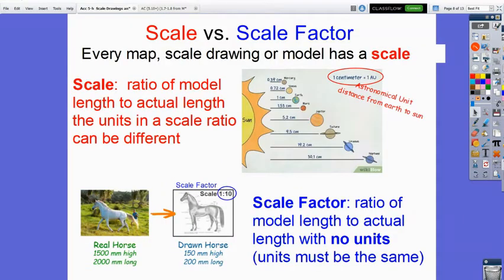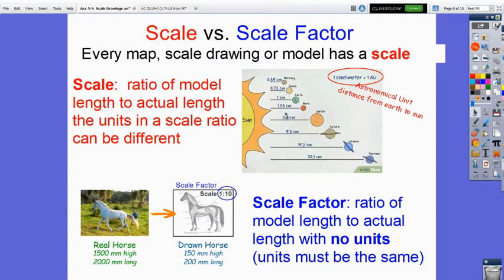Okay, so scale factor is a way to show the actual ratio of the size of the model to the actual, to the real life thing that it's modeling, okay? So every map or scale drawing or model has a scale, okay? And typically, in a lot of those applications, the scale is gonna have different units.